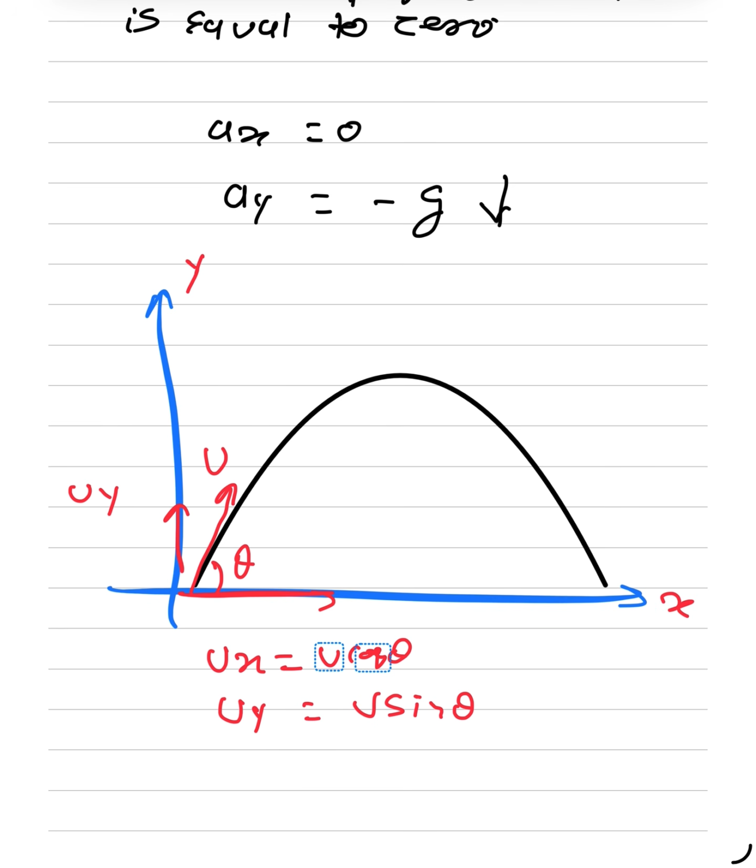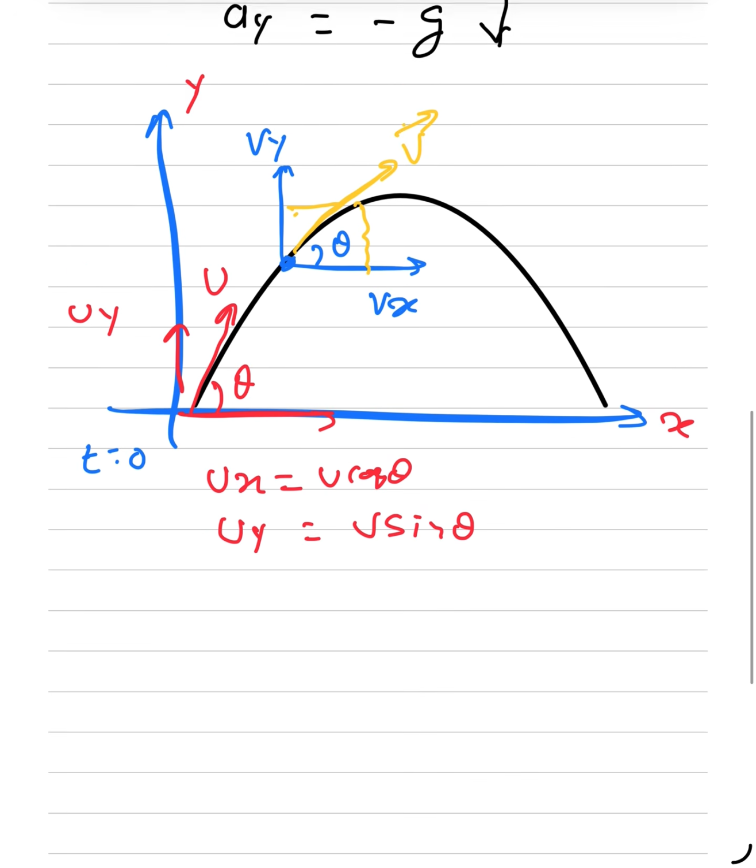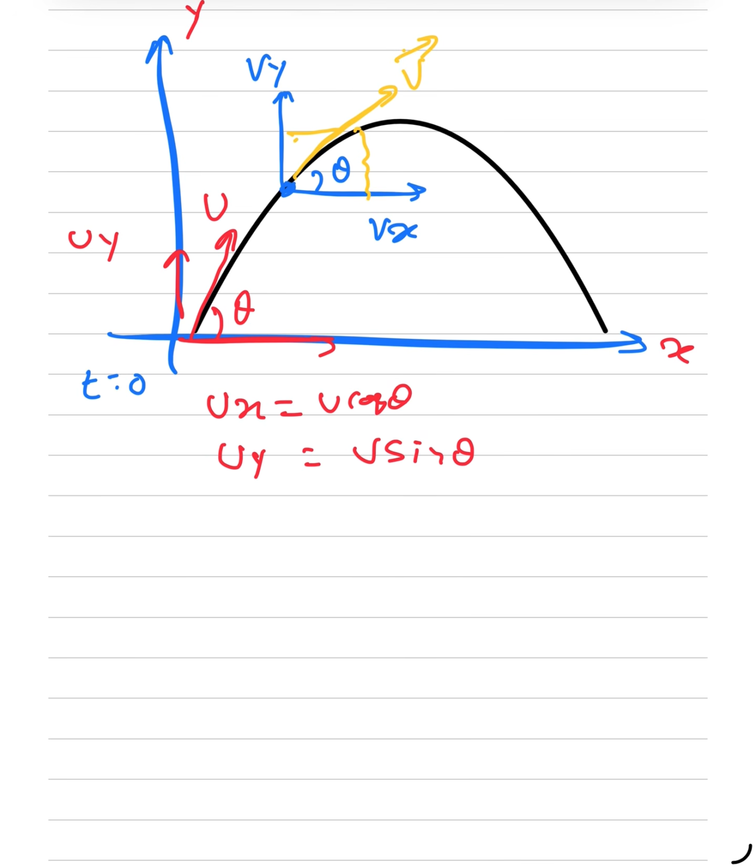This is the x axis and this is the y axis. If we want to calculate the value of projectile velocity at this point, here t equal to 0, here t equal t, and at this point projectile velocity vy and vx, angle theta, like this, projectile velocity vector v, right, vector v.